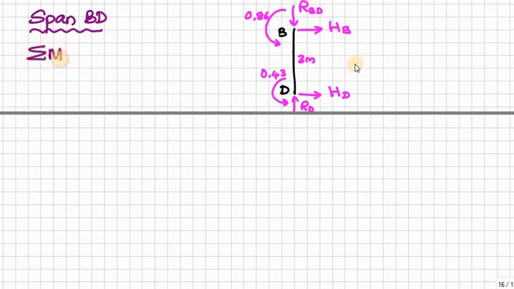Again this is a determinate structure. Therefore we can apply sigma M is equal to 0.